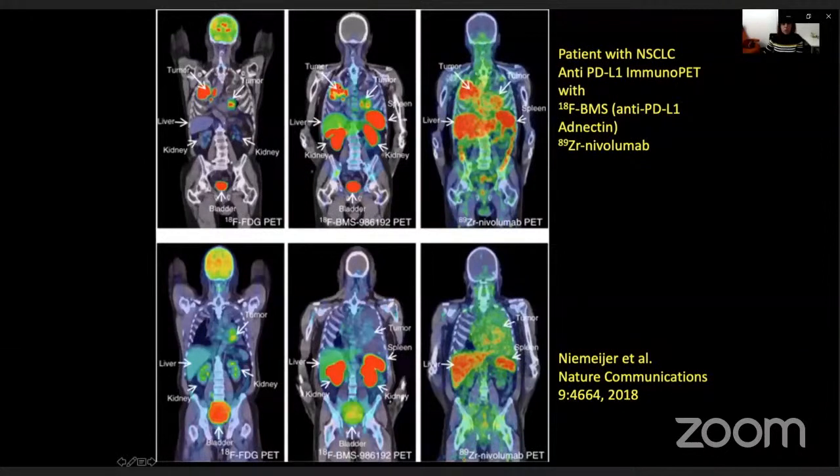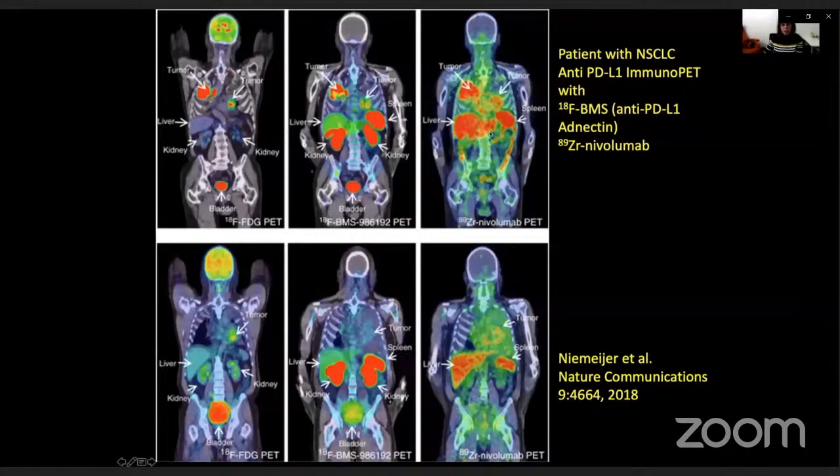In the middle, you see the anti-PD-L1 imaging with a substance which is anti-PD-L1 adnectin labeled with F18. What we see here is that there is an enhanced PD-L1 uptake in both tumors and in the metastases.